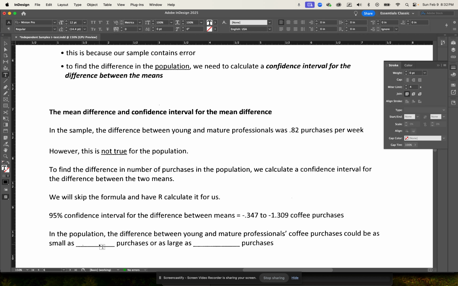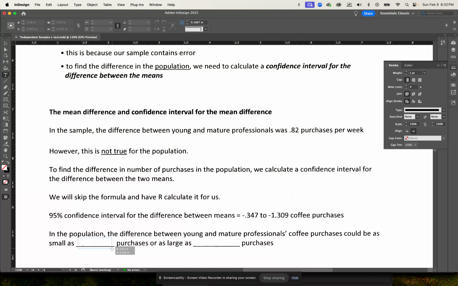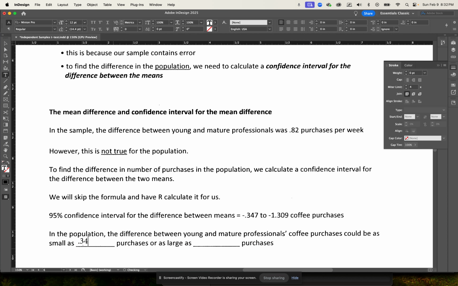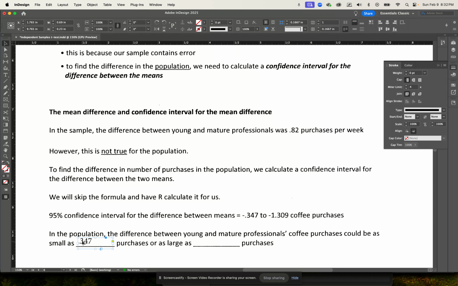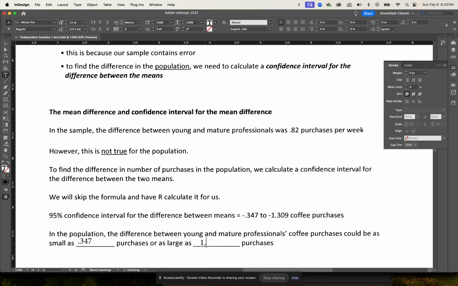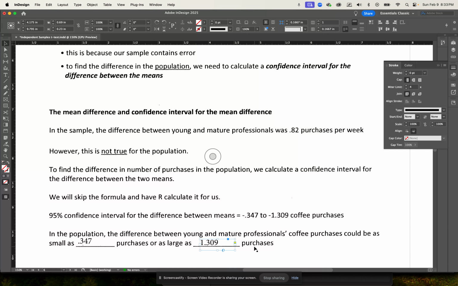In the population, the difference between young and mature professionals' coffee purchases could be as small as 0.347 to 1.309. And really, it would be even better to say purchases per week.